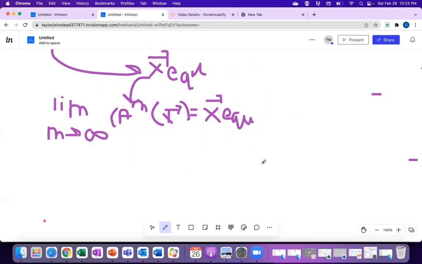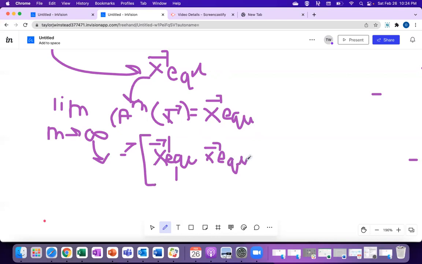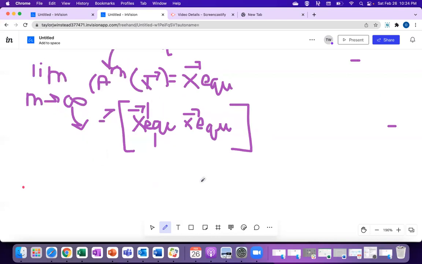It's approaching something. So another way that we can write this is that this limit is equal to a matrix where the component column vectors are each equal to the equilibrium distribution.